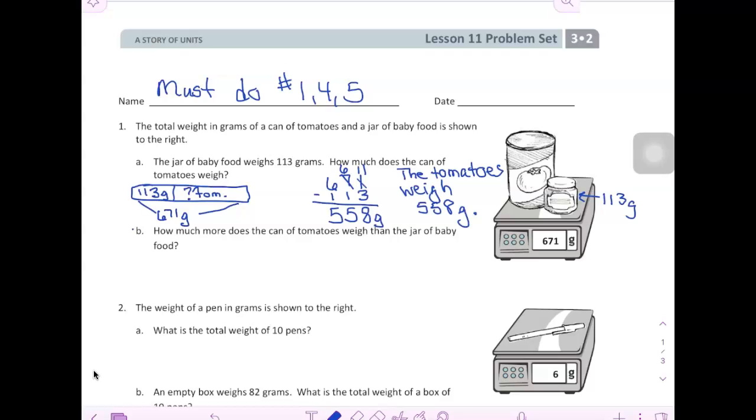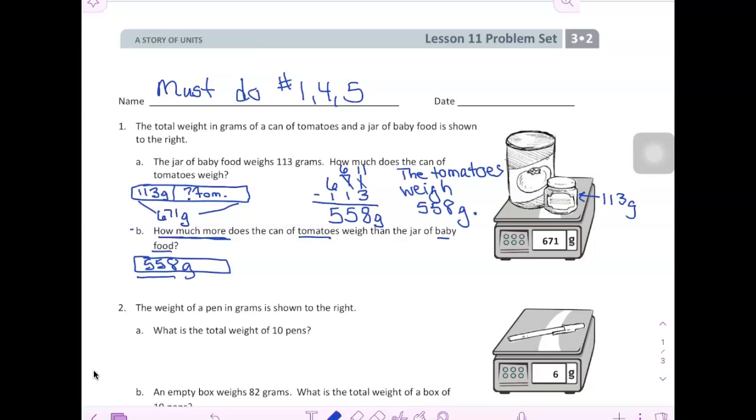Letter B says, how much more? Again, how much more, that signifies subtraction, does the can of tomatoes weigh than the jar of baby food? So now we have the weight of the tomatoes, and I'm modeling this with some tape diagrams. We have the weight of the tomatoes.